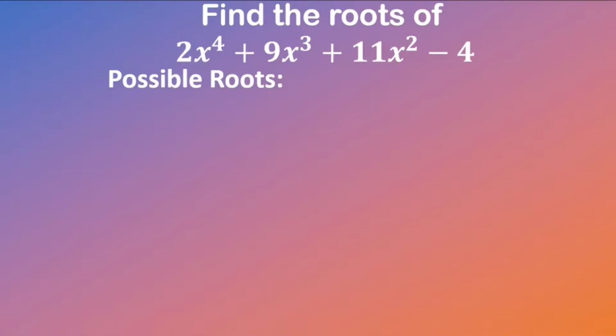The possible roots are positive and negative 4, positive and negative 1, and positive and negative 2. To make it easier, let's begin with the smallest possible roots, positive 1 and negative 1. So for our first trial, we will use positive 1 and then negative 1.